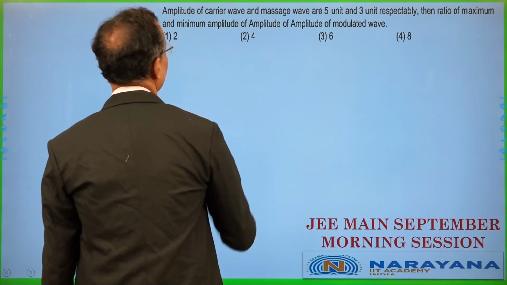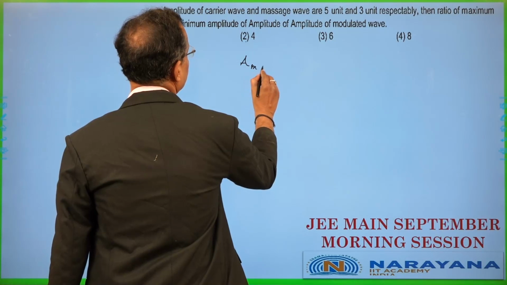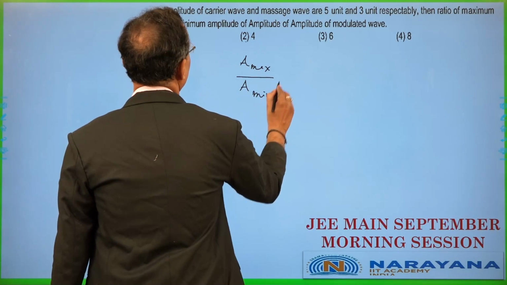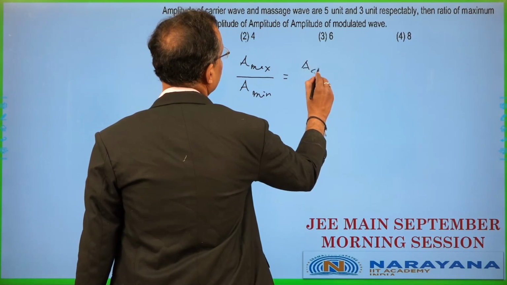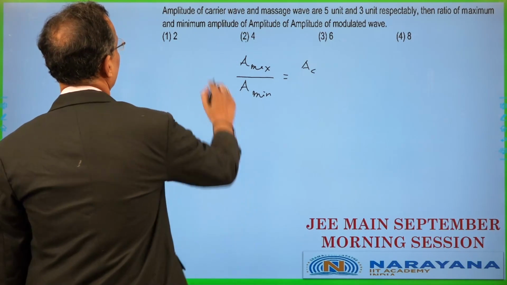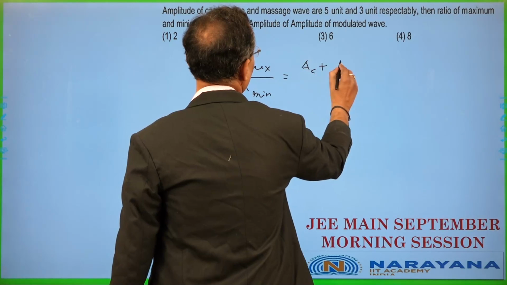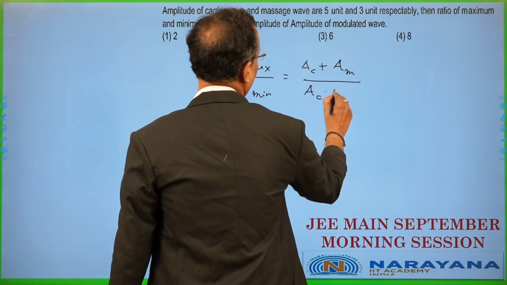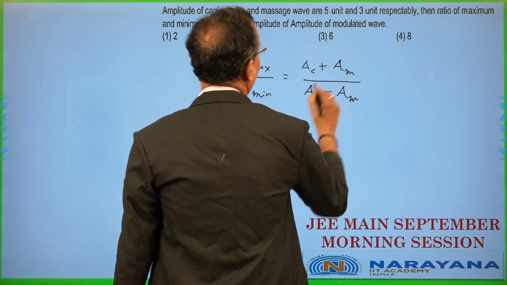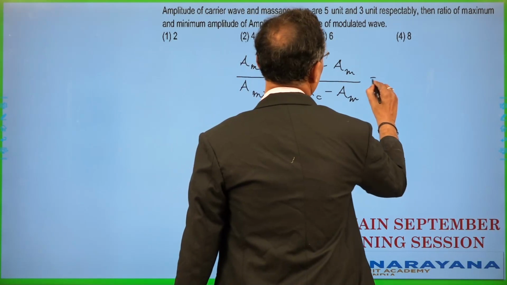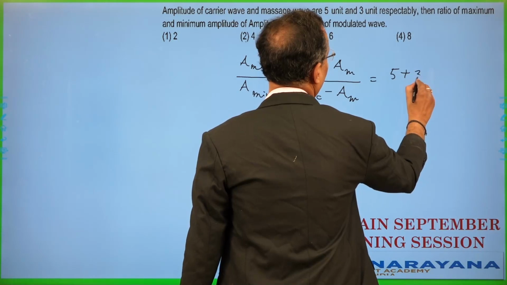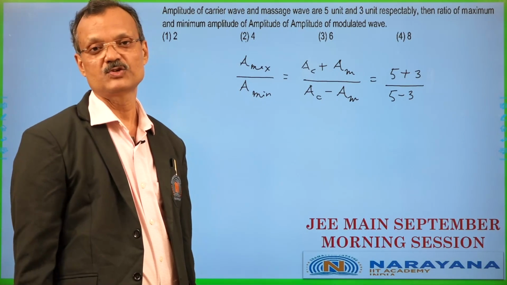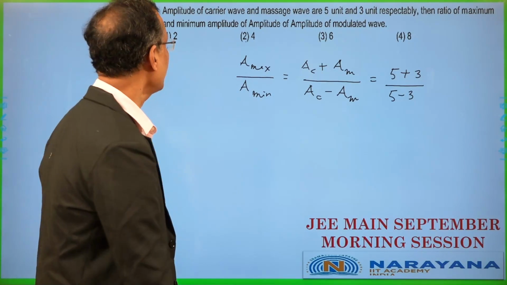The A max by A min will be equal to AC plus AM by AC minus AM. 5 and 3 they have given you. 5 plus 3, 5 minus 3, 8 by 2, 4 is to 1.